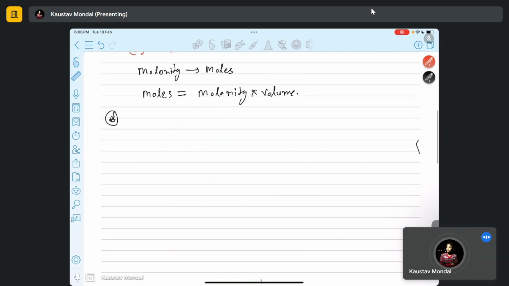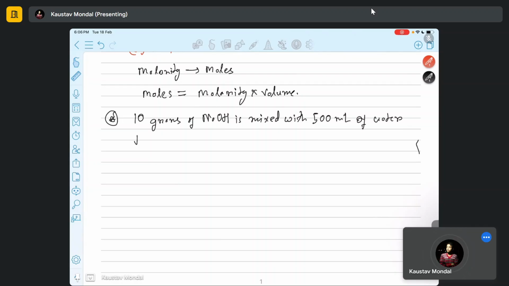Let me explain it with an example. Let's suppose 10 grams of NaOH is mixed with 500 ml of water. Then what is the molarity?